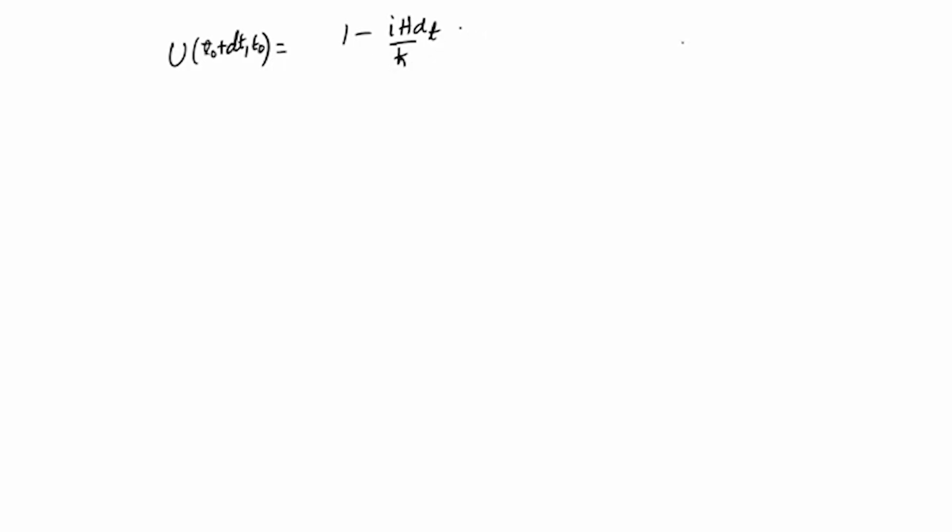And if you recognize that the exponential of minus i x is nothing but 1 minus i x plus (i x) whole square by 2 factorial and so on and so forth, okay, all these terms. So for large time intervals, this is an exponential of minus i H t by h cross.